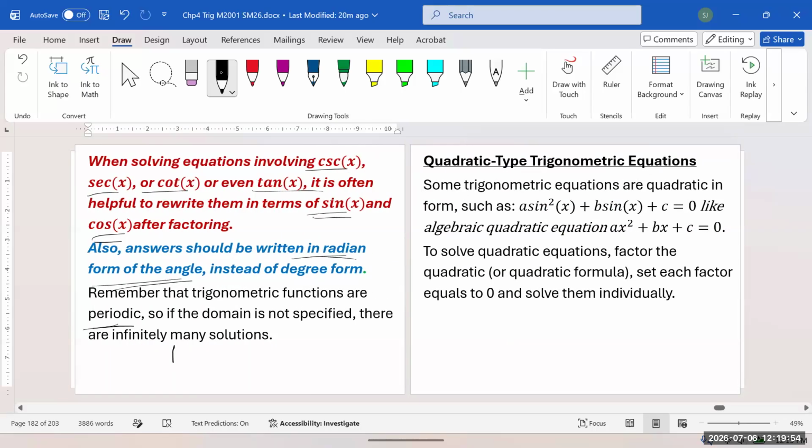So we have several types of trigonometric equations. One is the quadratic type, for example, a sine squared plus b sine equals c. If we have that format, your goal is to factor this quadratic into 2 pieces, then take each piece, set them equal to 0, and solve for your angle individually.